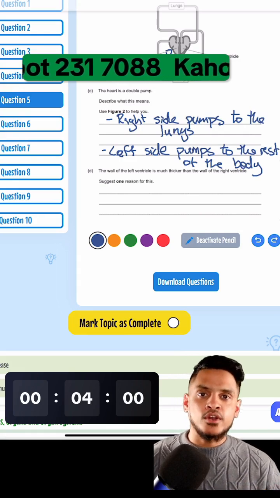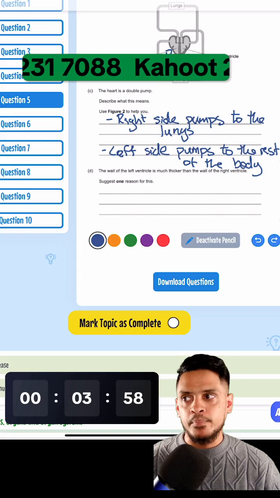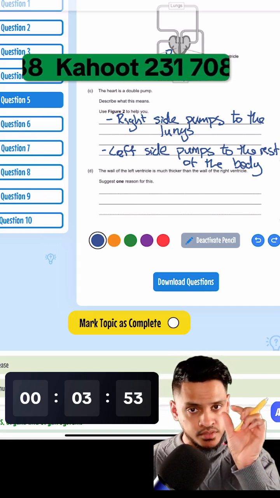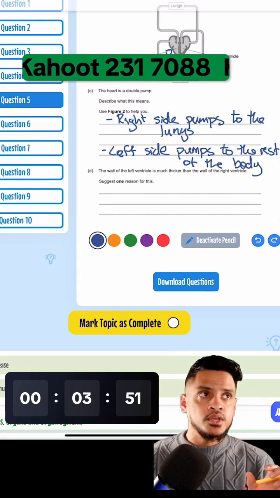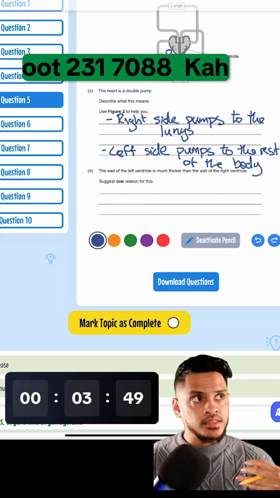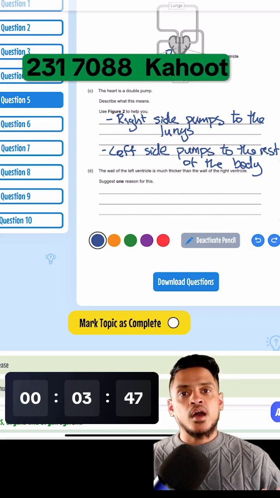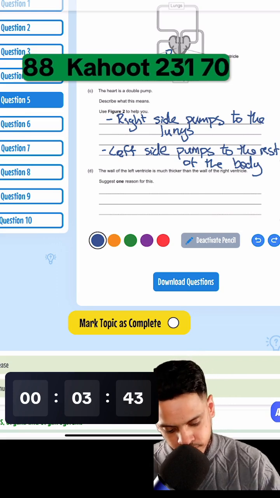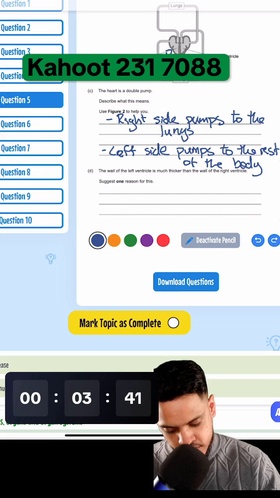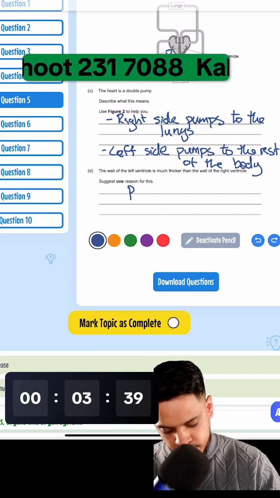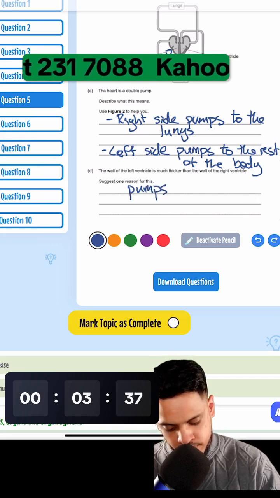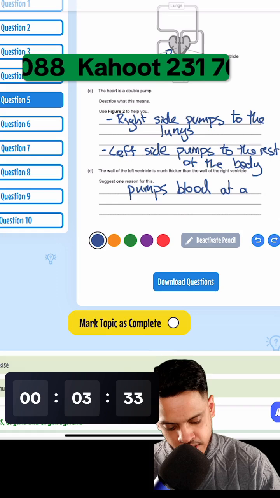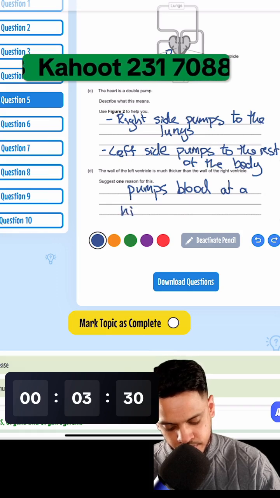The right hand side only pumps to the lungs, so it doesn't need to pump it as far. So the walls, remember the walls are made out of muscle. So the thicker the walls are, the thicker the muscle, the faster it can pump the blood. So you can say pumps blood at a higher pressure.